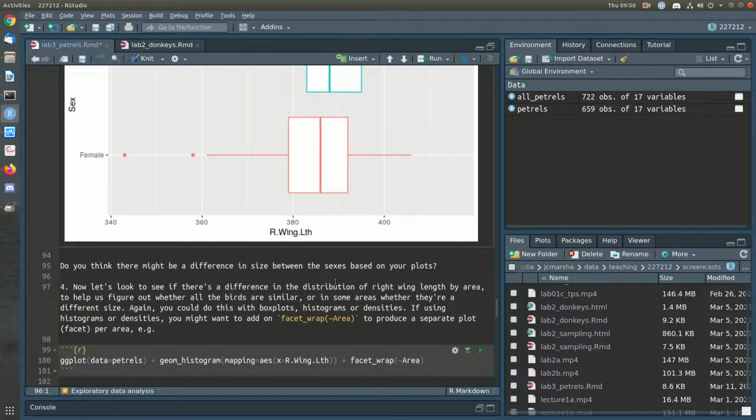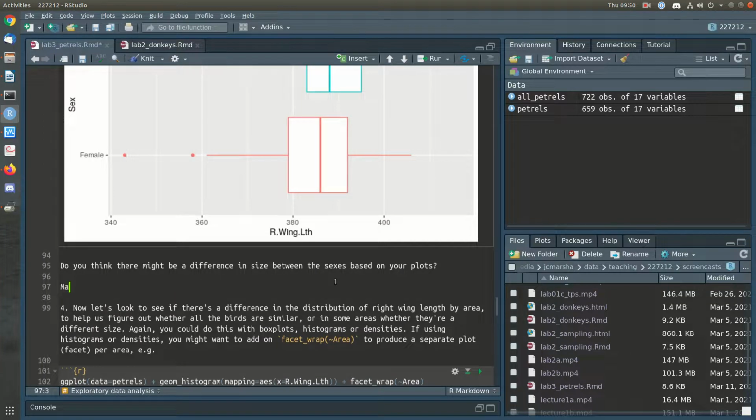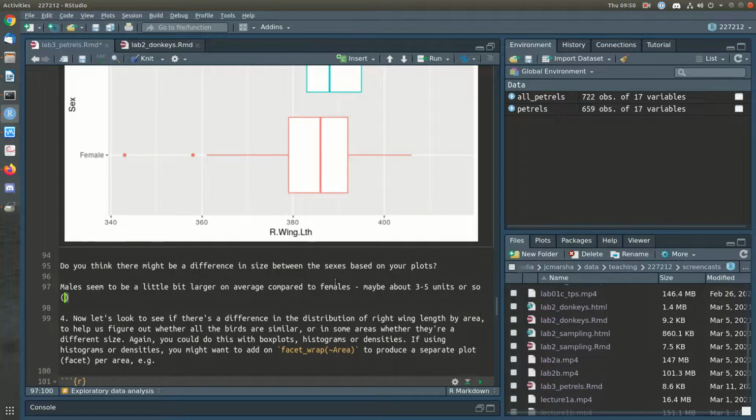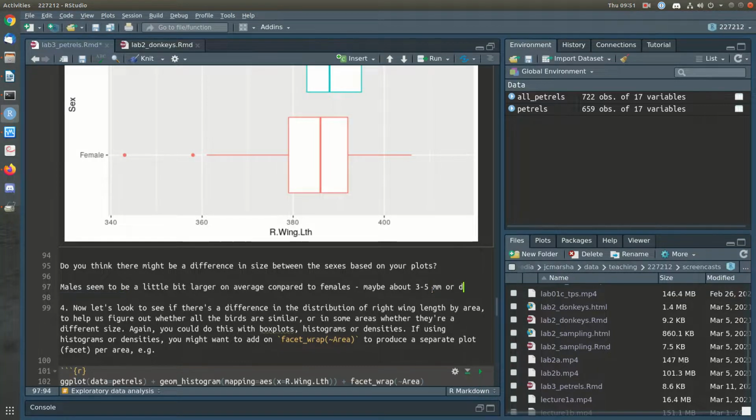Okay, so males seem to be a little bit larger on average compared to females, maybe about 3 to 5 units or so. Units, millimeters. I guess we could just say maybe about 3 or 5 millimeters or so.